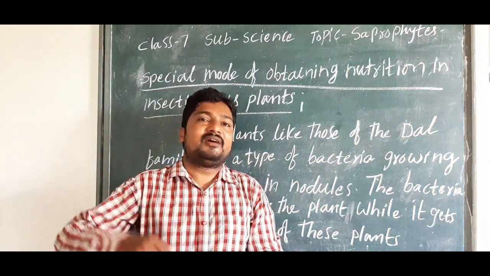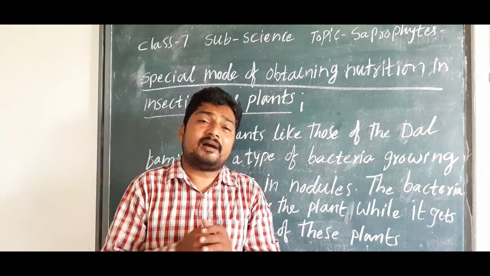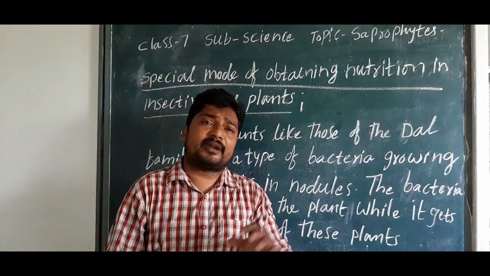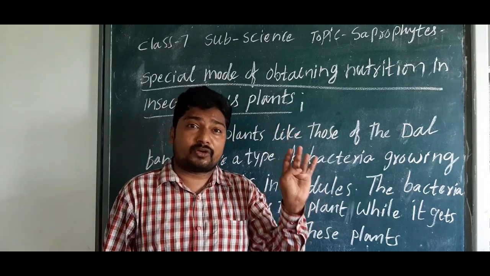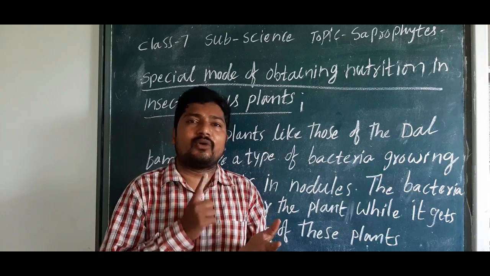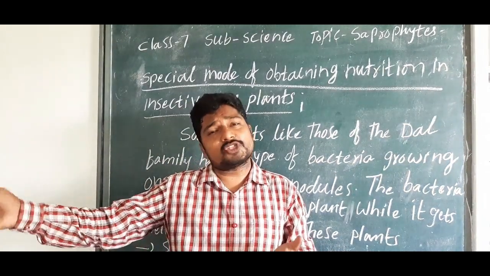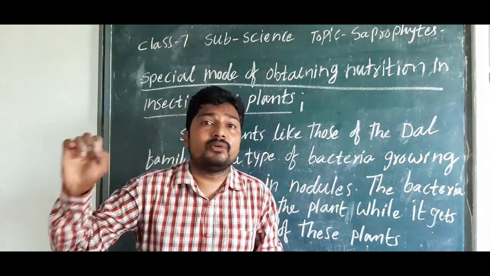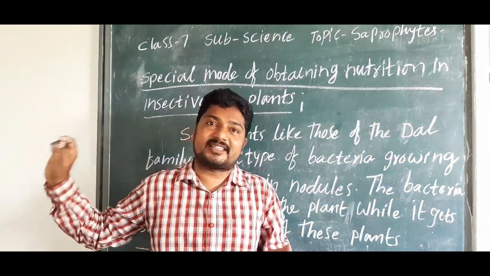So children, as we started at the beginning, both are very important. Autotrophs are there, heterotrophs are also there. Autotrophs prepare their own food without the help of any plants or animals, through photosynthesis.